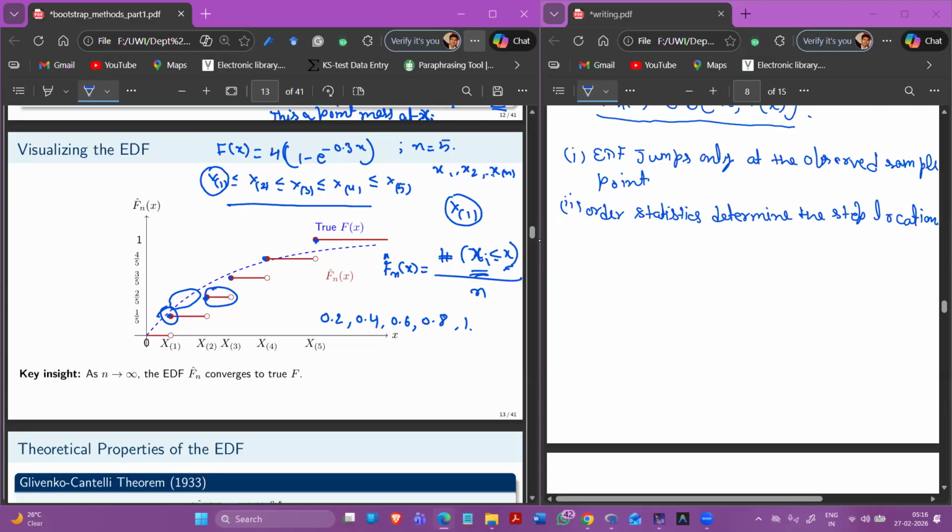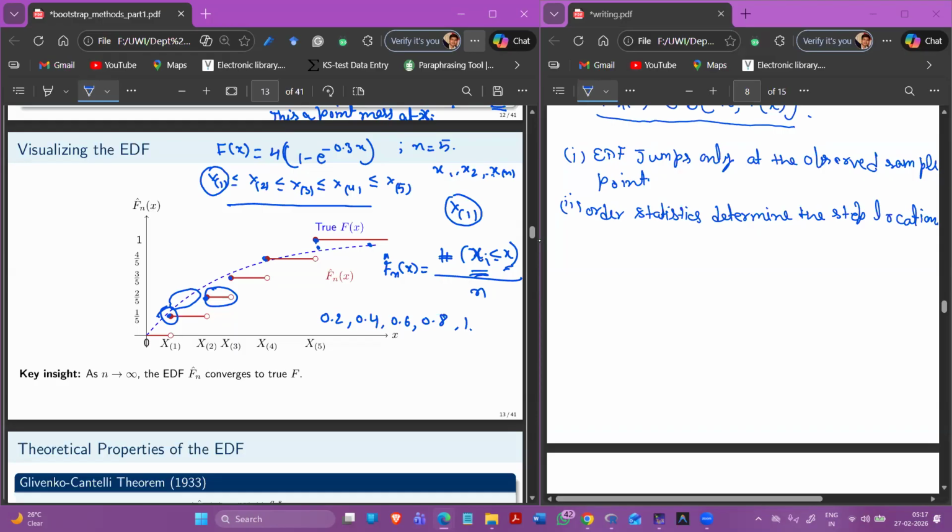So if you just see here, what is the key point? As n tends to infinity, the empirical CDF F_n hat converges to the true F. So here you will find that they are approximate. As n increases, the distance between both of them decreases, right?